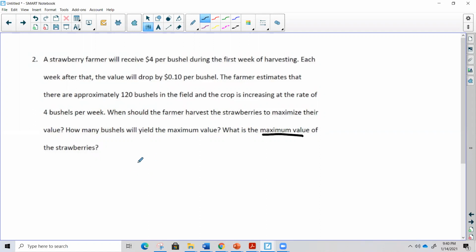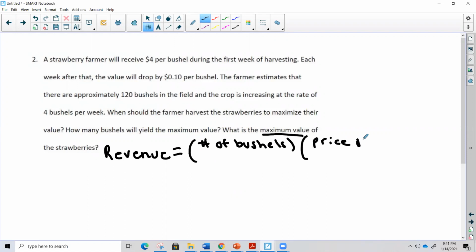Again, we're trying to maximize the total amount we get from selling the strawberries, which would be our revenue, our R of X. In this case, our revenue is going to be however many bushels we sell times the price per bushel, because that's what they're telling me in this problem.